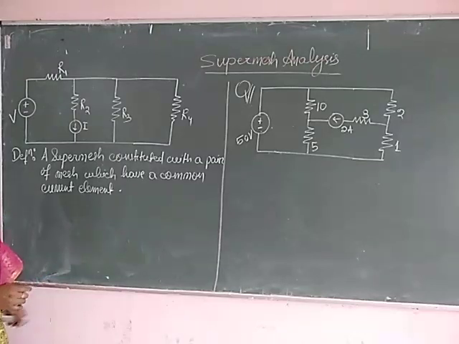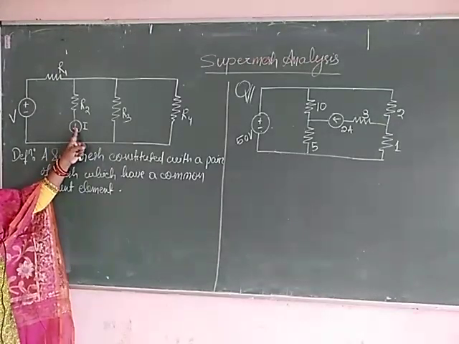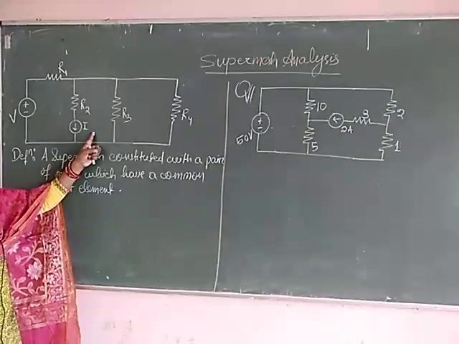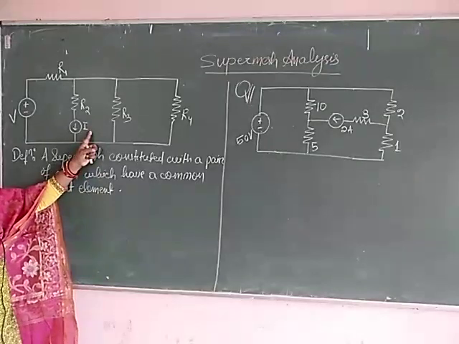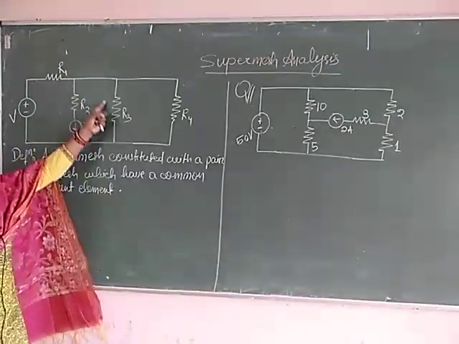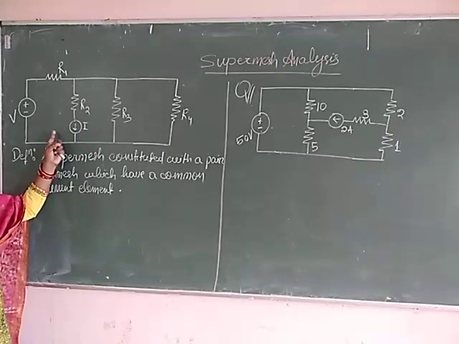Or you may say that if there is a presence of a current source in between two adjacent mesh, then the combination of these two adjacent mesh is called as super mesh.